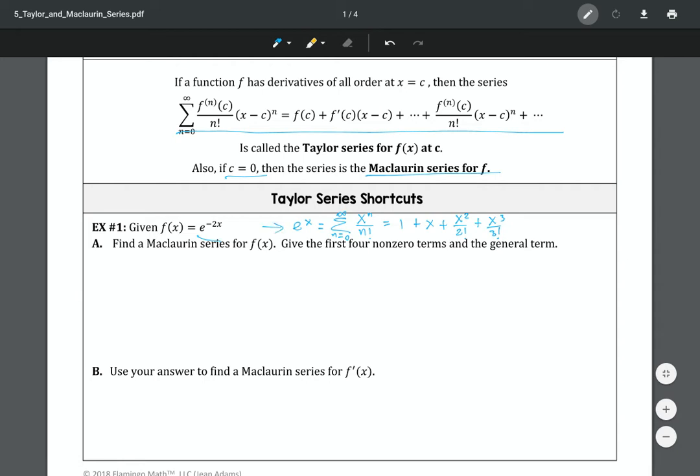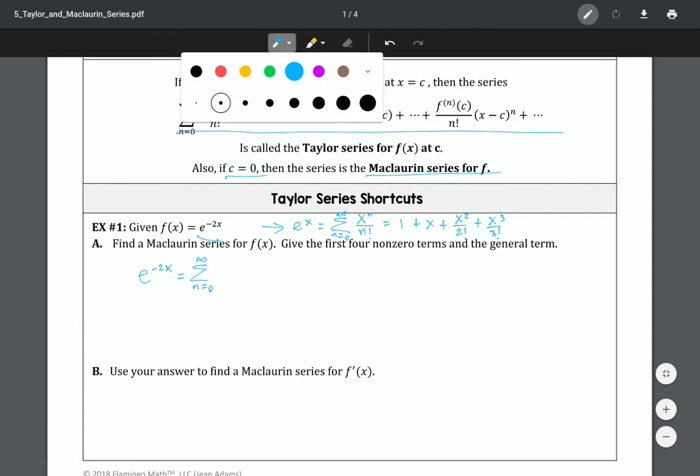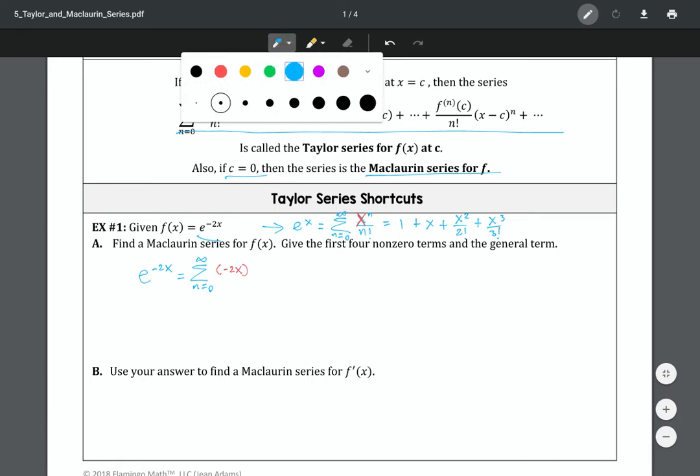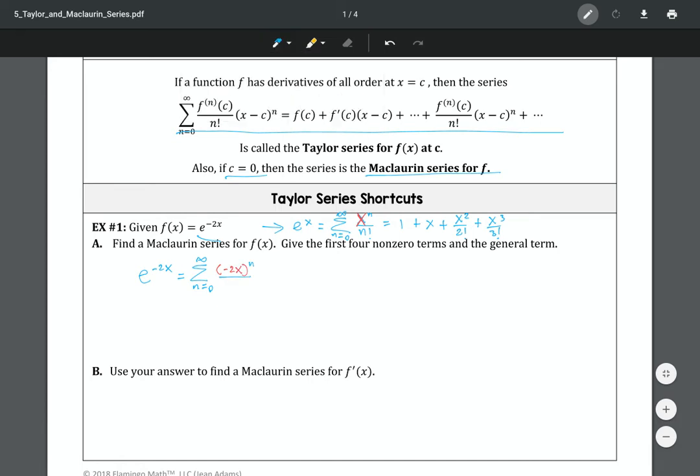So all we're going to do now is say that e to the negative 2x is going to be the same thing as this series right here, except now I'm going to replace this x in this series with a negative 2x. And notice that nothing else changes. That's about the only thing that's different.